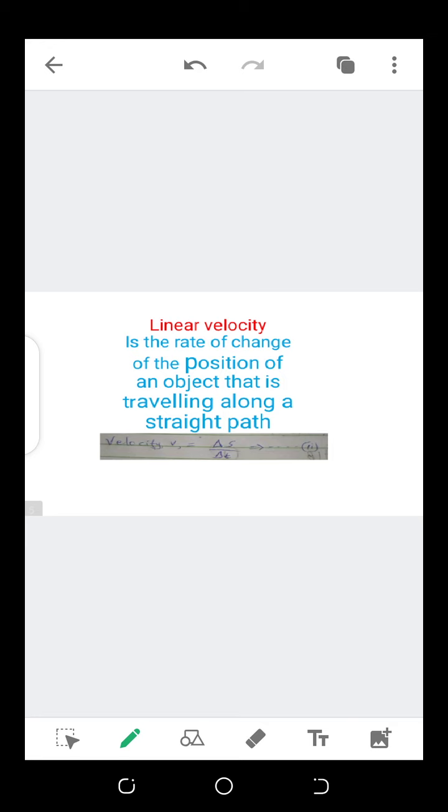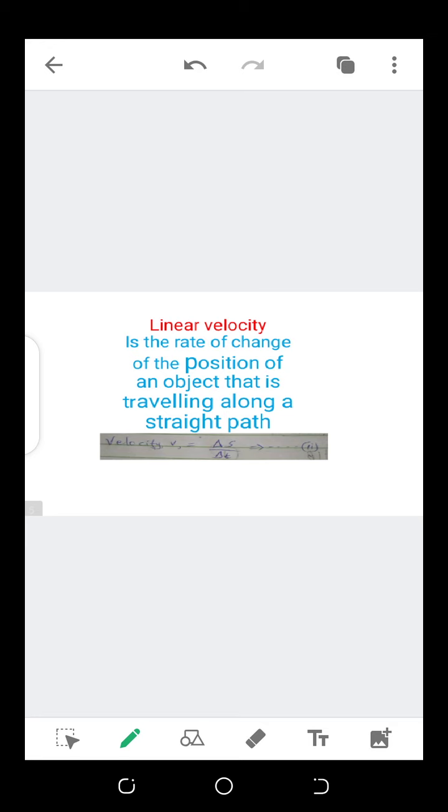So our linear velocity from Form 3 we agreed is that you take the change of displacement, you divide it by change in time. In other words, it's the rate of change of displacement of an object that is traveling along a straight line. Now, in angular motion or in circular motion, we agreed it is traveling in a circular path.